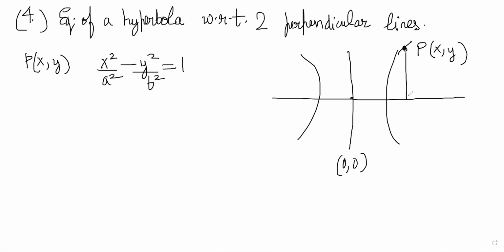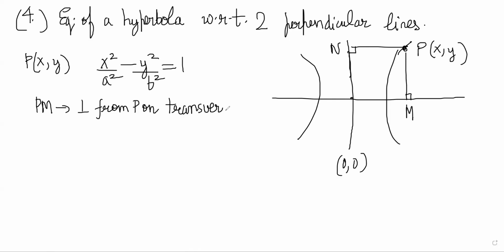Now, this distance is PM, the perpendicular from P on the transverse axis, and this distance is PN, the perpendicular from P on the conjugate axis.